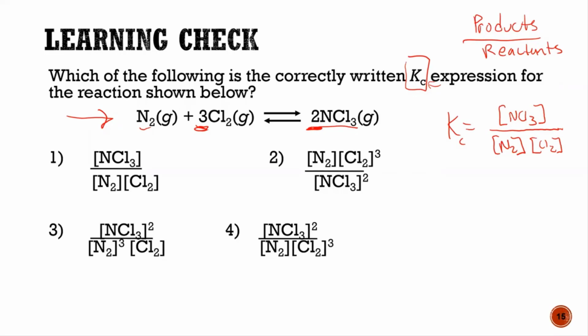If I look at my products, nitrogen trichloride, there is a coefficient of 2, so I make an exponent of 2. For the reactant nitrogen, there's just 1, so I don't need to write the 1, it's assumed. But for the chlorine, there's a 3, so my chlorine should have a power of 3. So which one would work? 4. And you are right. You are exactly right.